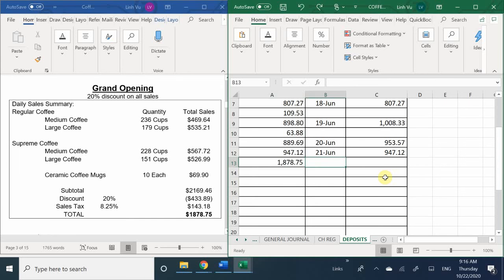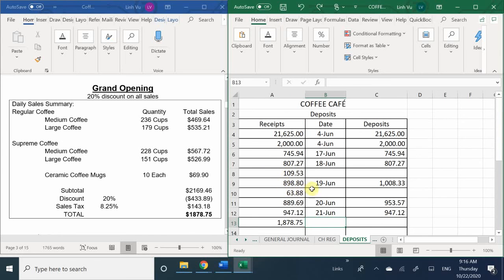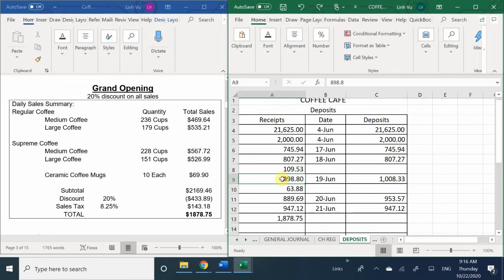You don't need to go to the bank multiple times. You could just go one time. Just collect all your receipts, including checks that you've received, just like up here. So here, on the 19th of June, we received a check, and then when we had our sales, we deposit the whole thing at the end of the day.